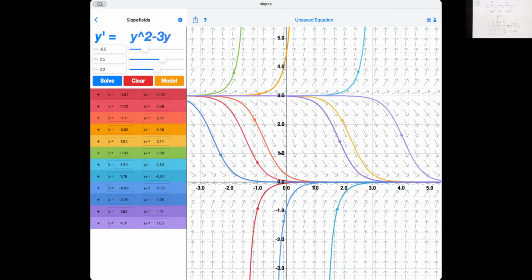Every graph on the bottom here is the same, except for how far left or right it is. This is called translation invariance. These graphs are invariant, they don't change, no matter how far left or right we are. And that's because the differential equation is autonomous. It doesn't change in terms of the x value at all.